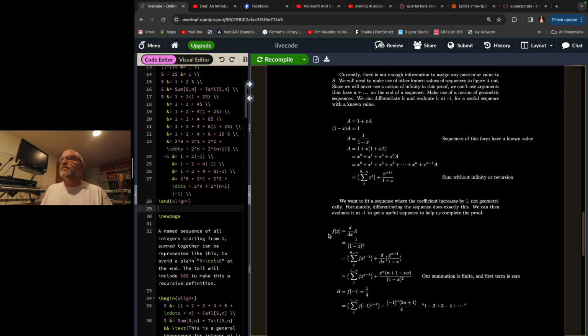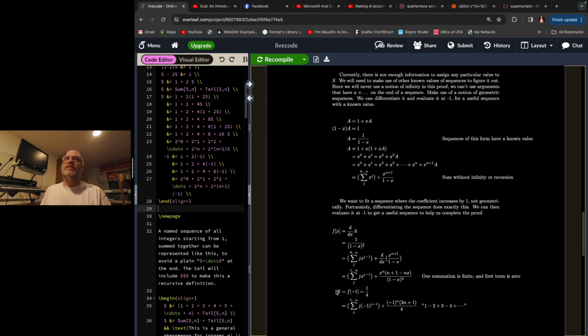Okay, so if we have this f of x, and we evaluate it at minus 1, we have this term where it alternates between negative and positive. And of course, this is here so that it always comes out to the value of 1/4.